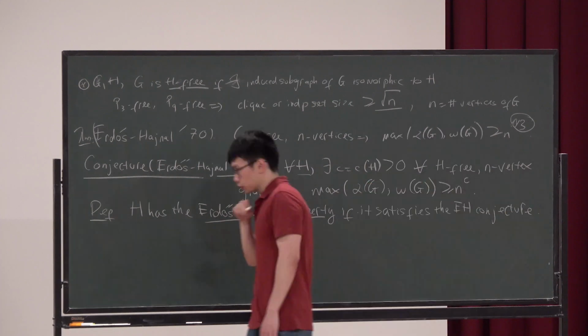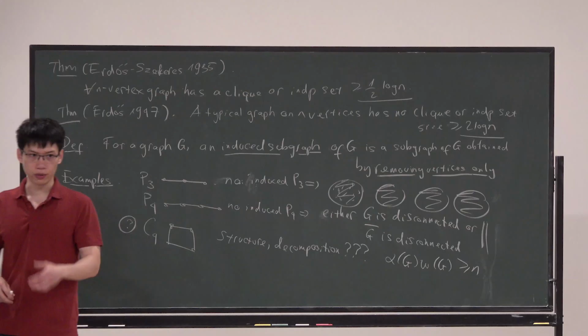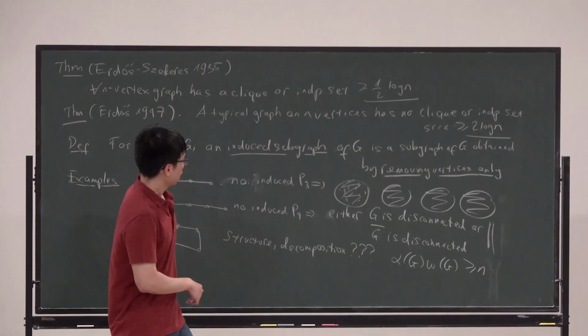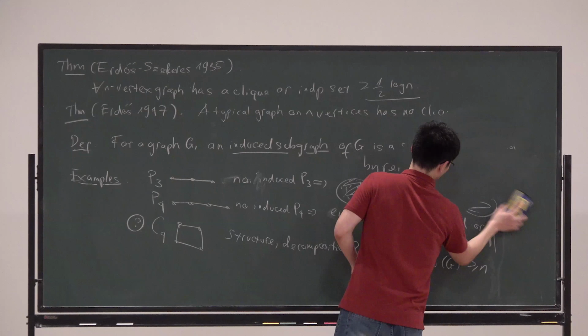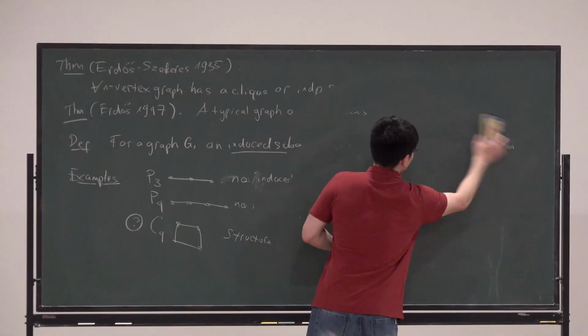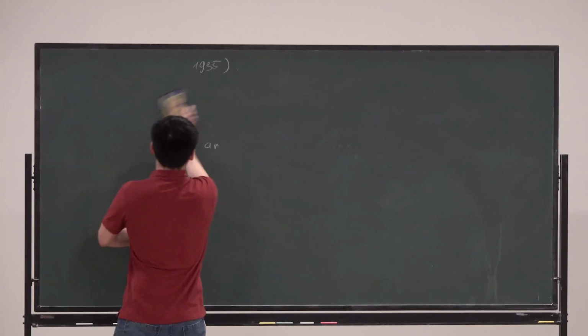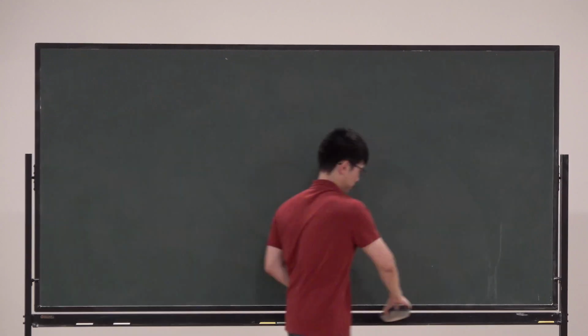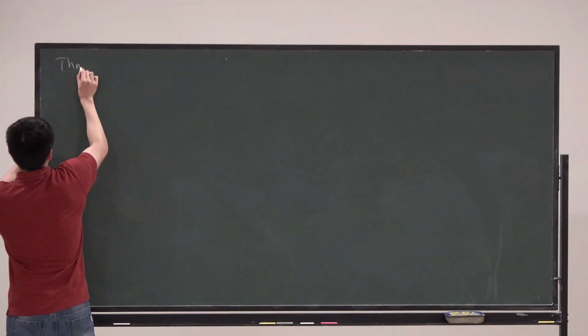So the first result that I want to communicate in this talk is a very fundamental result of Alon, Pach and Seymour from maybe 20 years ago, showing a very simple but very efficient way to build graphs with the Erdős-Hajnal property from smaller graphs.